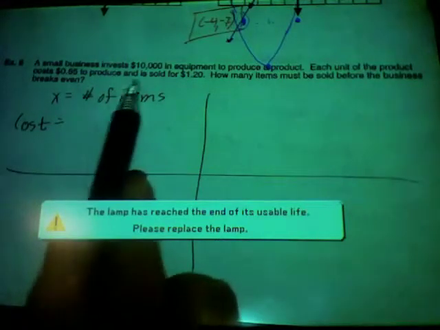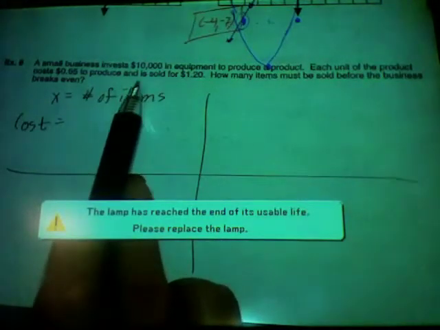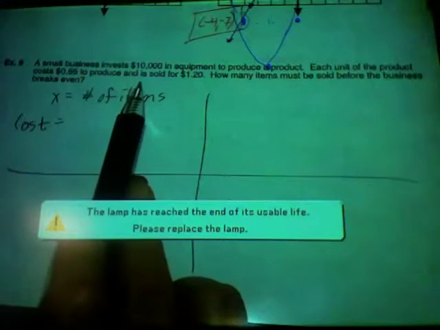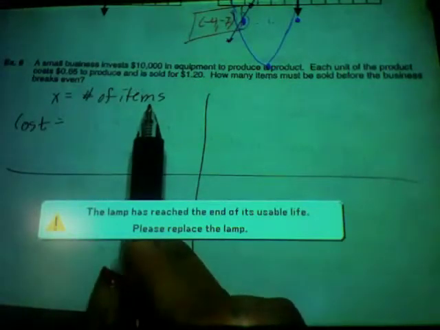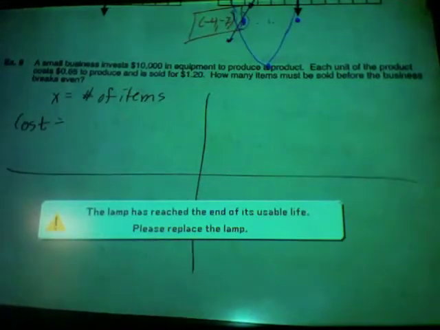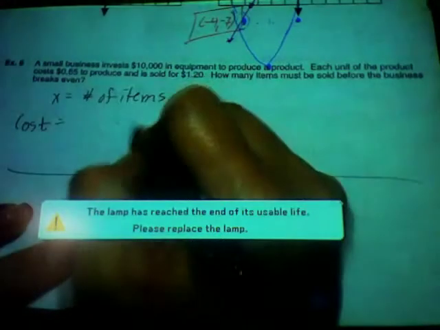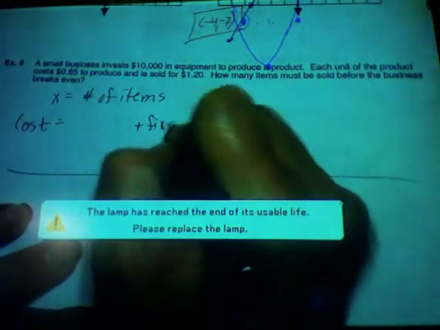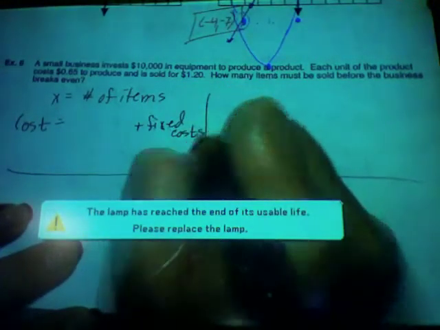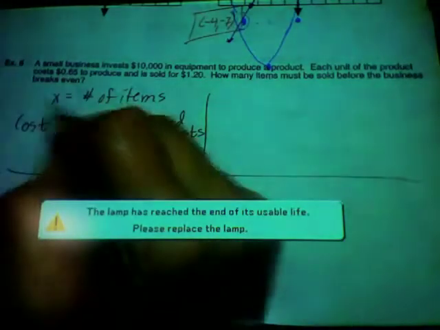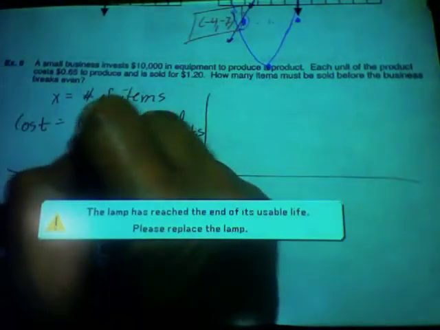Isn't the $10,000 their fixed cost? No matter how many items they produce, they're still gonna have to fork out that $10,000. So I would put here plus fixed costs. And then I guess you can call this cost per item.